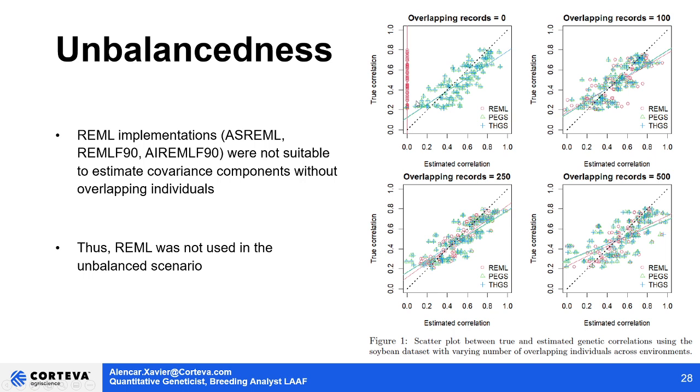We tried that in ASREML, REMLF90, AI-REMLF90, and a couple other software, and in no implementation we were able to get meaningful variance-covariance components from REML. Once REML has some overlap of individuals, the estimates of variance components became available, but in that soybean data set we were not able to get any, so we will not, unfortunately, be benchmarking against REML in one of our scenarios, simply because REML could not be used in such an unbalanced scenario.